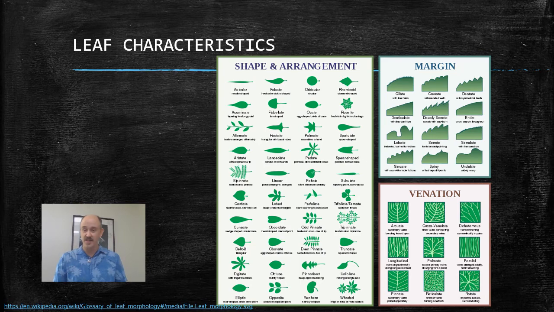Veins, just like leaves, can be pinnate, where there's a main vein and then little veins coming off like on a feather, or they could be palmate veins, where they all come from one central point and arch around the leaf. So veins can come in different types, and there are some images of that here. And on the lab website, I have a link to one of the websites that shows you some of this terminology in case you run into words that you don't quite understand while you're trying to key.